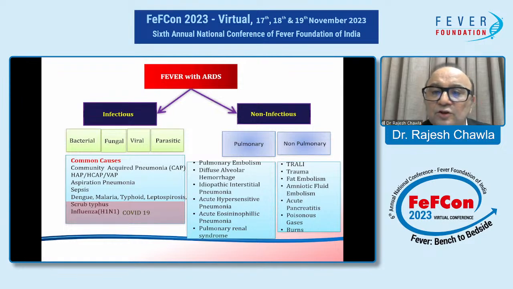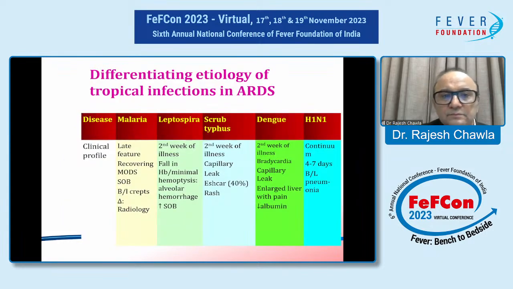And there is a large list of non-infectious causes which cause fever and can result in ARDS: trauma, amniotic fluid embolism, pancreatitis, poisoning, idiopathic interstitial pneumonia, eosinophilic pneumonia. Although they're rare, they can be there.